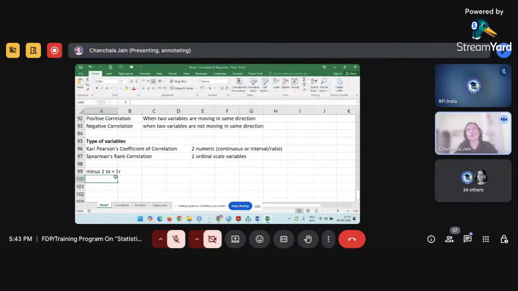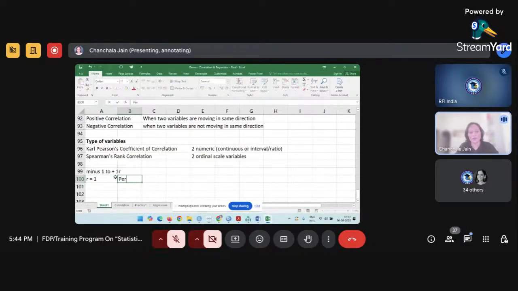So according to statistics, there are generally various interpretations of r, right? If your r equals 1 or minus 1, plus or minus 1, both you can take here, right?